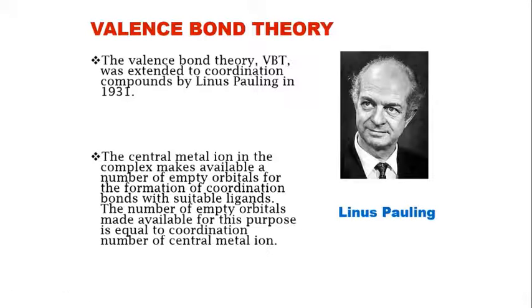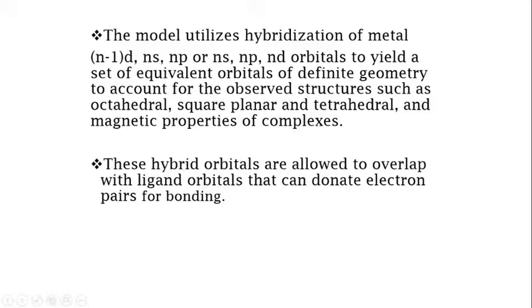So a number of empty orbitals are created around the central metal ion so that the ligands can approach the central metal ion to donate their pairs of electrons. The number of empty orbitals made available for this purpose is equal to the coordination number of the central metal ion. This model utilizes the hybridization of the metal. Hybridization can occur among the orbitals n-1 d, ns, np, this is one set, or ns, np and nd orbitals, this is the other set.